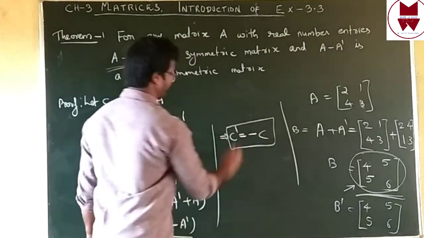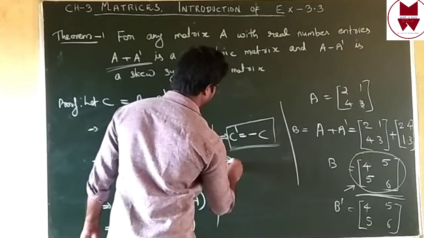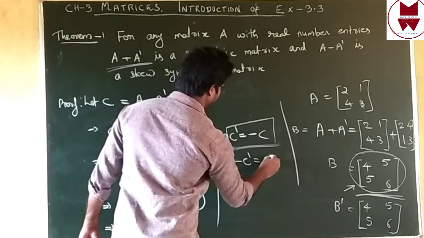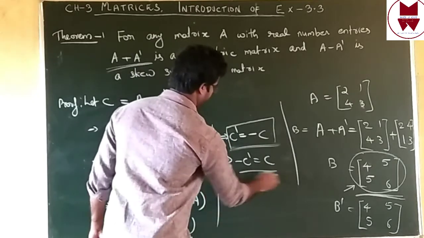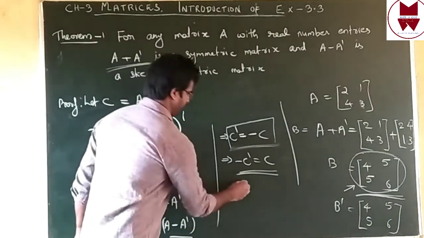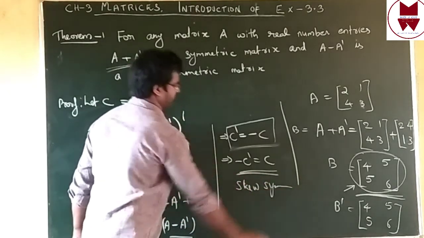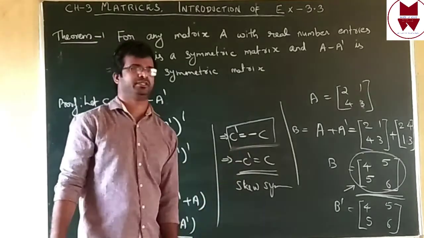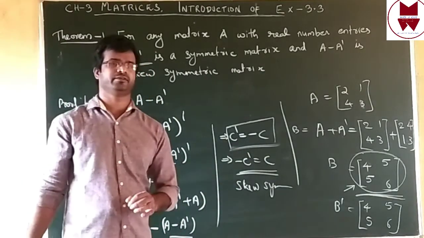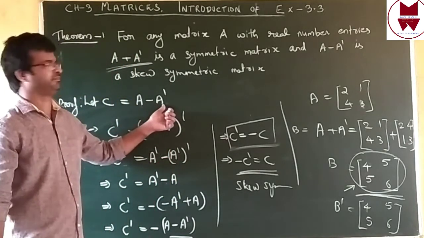So C dash equals minus C. Otherwise we can write minus C dash equals C. This is the condition for skew symmetric, isn't it? This is the condition for skew symmetric. That means if they give any matrix and you need to find a skew symmetric matrix, just do A minus A dash.